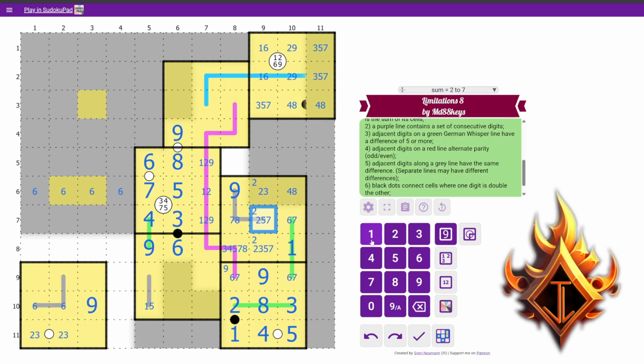So it is 8, 7, or 7, 5. So it has a 7 on it. This is not 2. 8, 7, 7, 5. But that makes that 6. That makes that 7. That makes that 6. It puts 6 on this blue line.